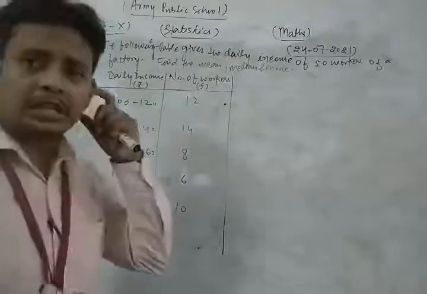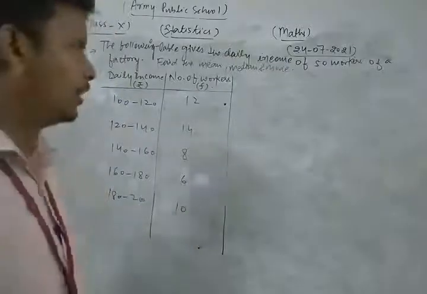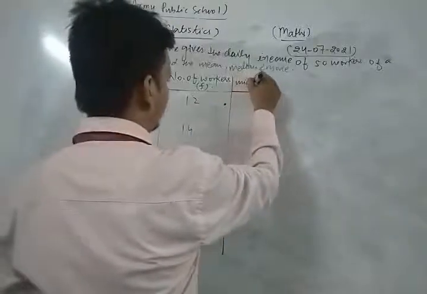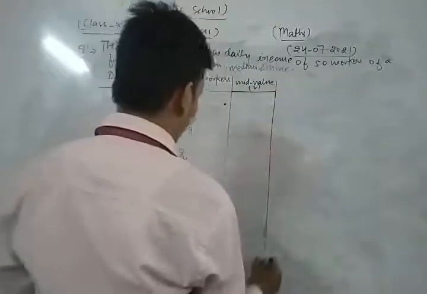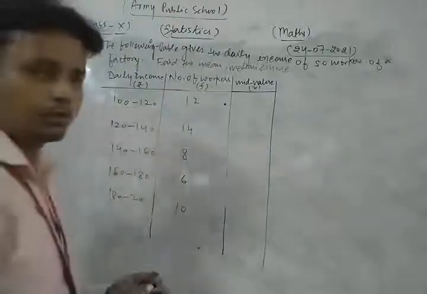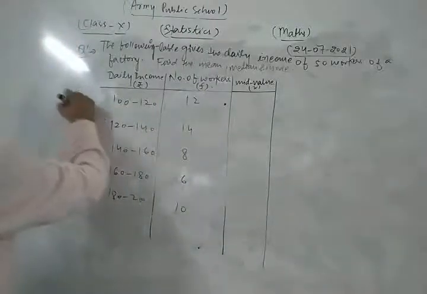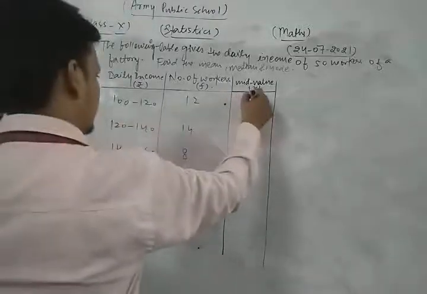What is the process? First of all we find the mean. First of all we find the mid value x. We know the mid value x is found by adding the two class limits and dividing by 2. So 100 plus 120 is 220, divided by 2 is 110.